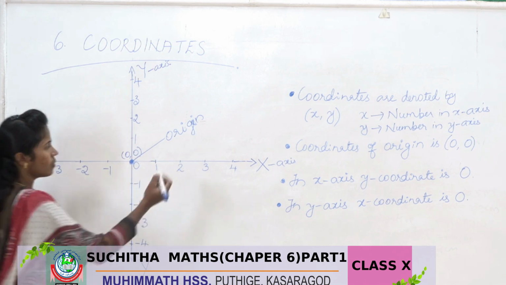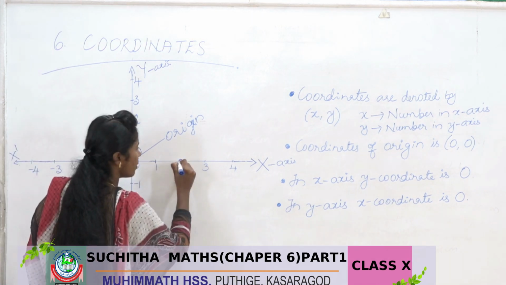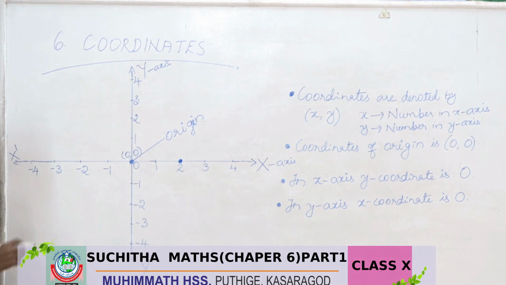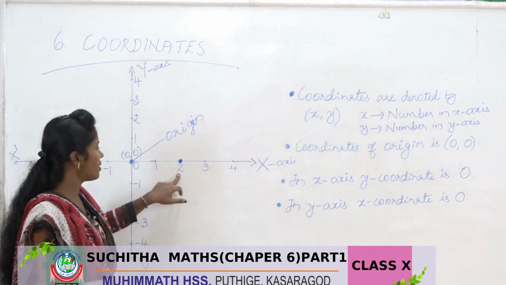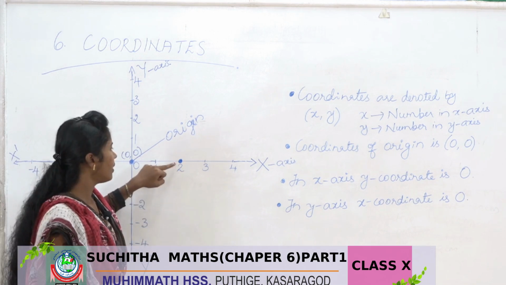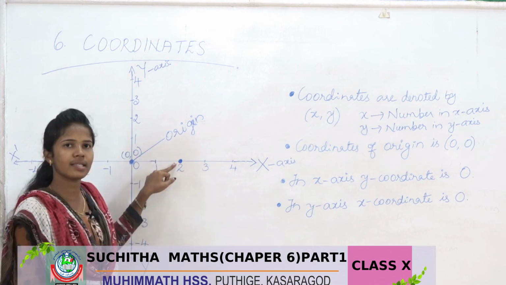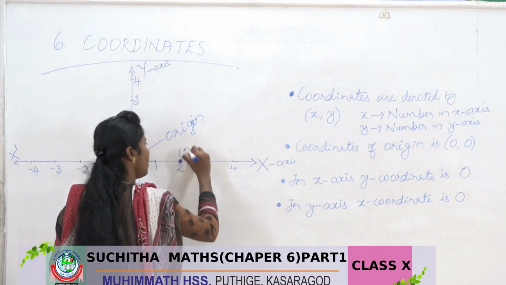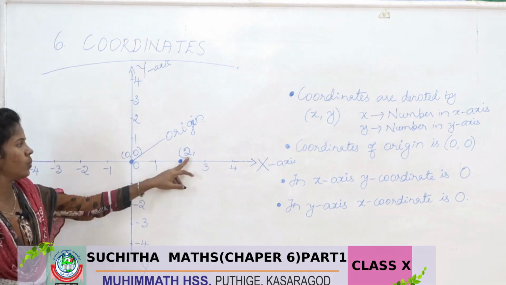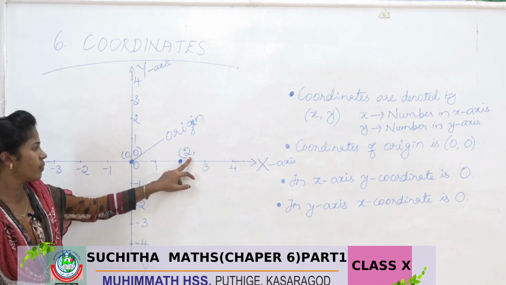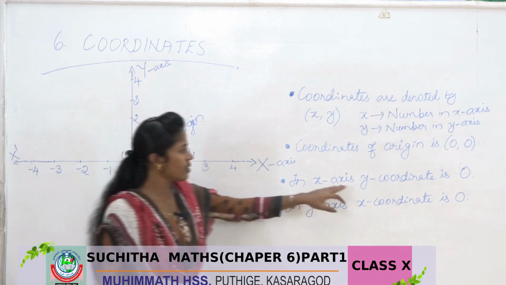So mark the coordinate of this point. The 2 lies on the x-axis, and here the number on the x-axis is 2. So the x coordinate is 2, and the y coordinate is 0, because on the x-axis the y coordinate is 0.